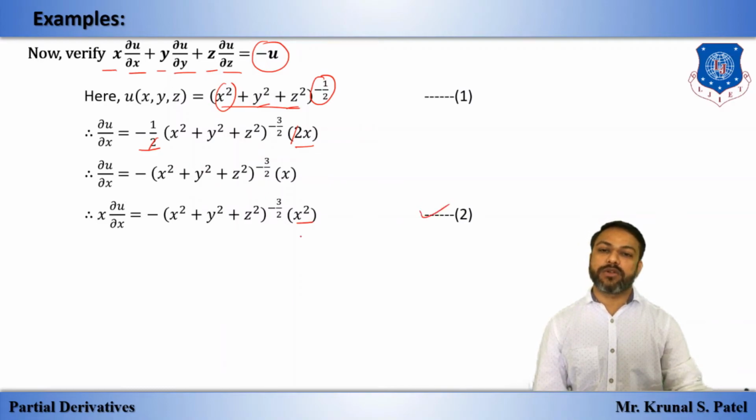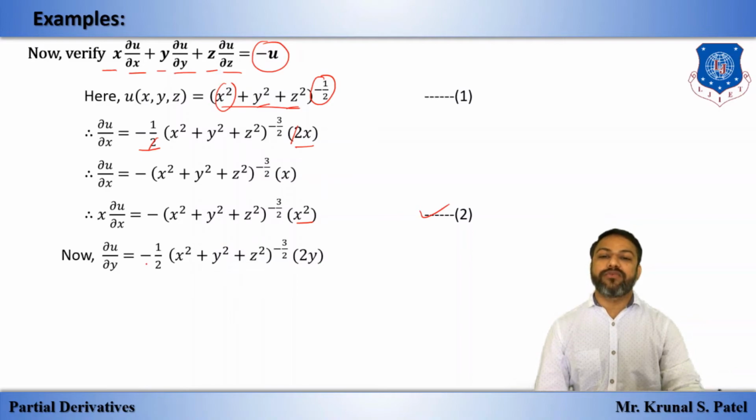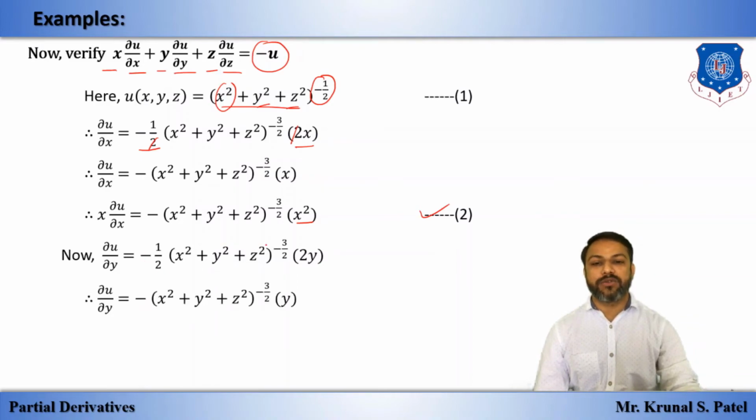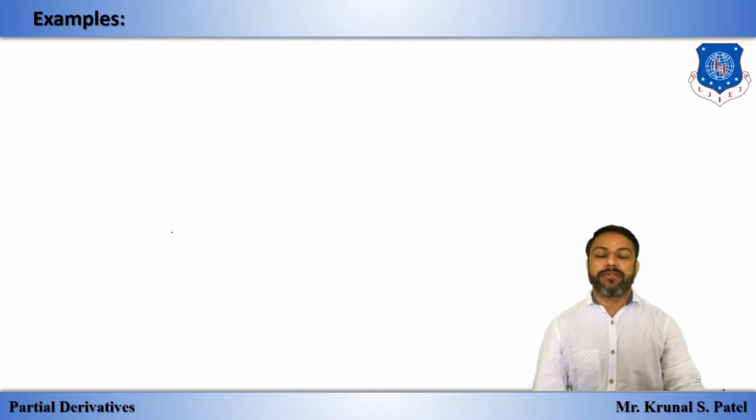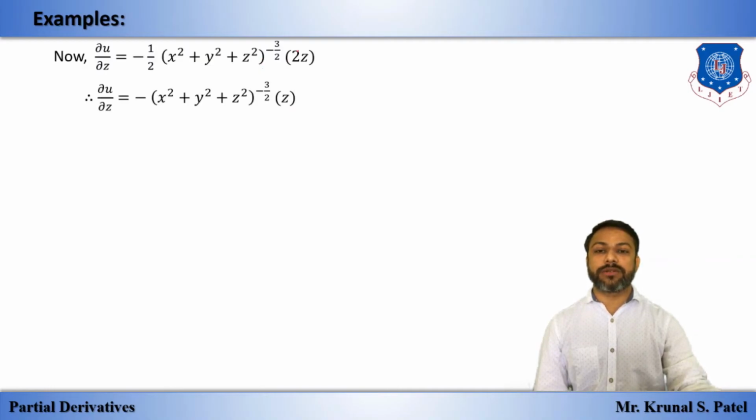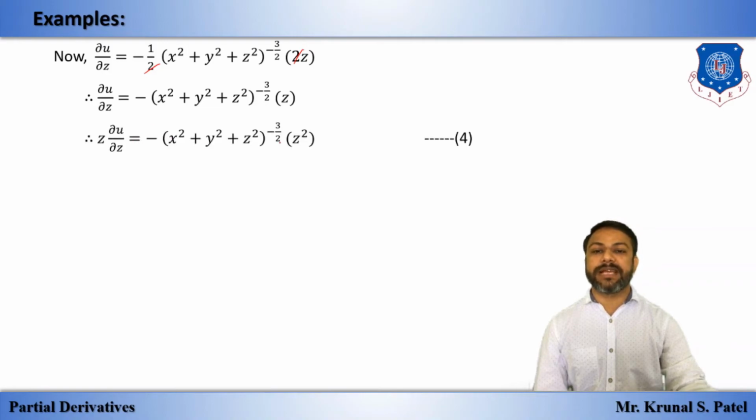So it is equation number 2. Similarly, we can differentiate partially with respect to y, cancel this 2, and multiply by y, and we have equation number 3. In the same way, we differentiate with respect to z, cancel this 2, and by multiplying with z, we have equation number 4.